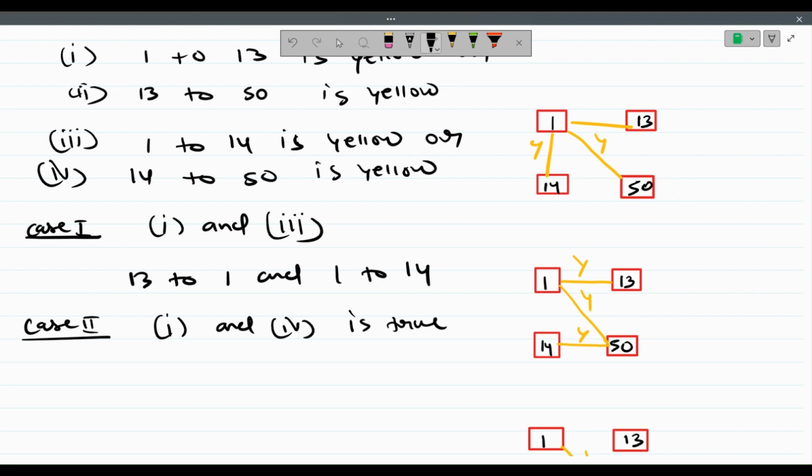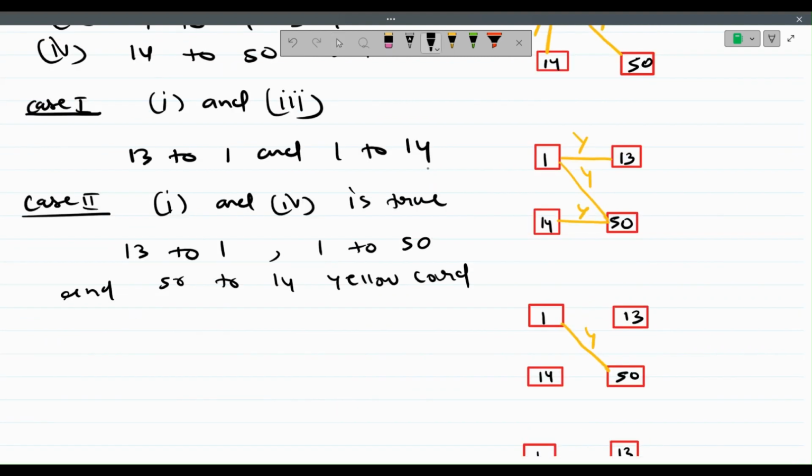In this case also, between 13 and 14, you can see from 13 to 1, 1 to 50, and 50 to 14 uses only yellow cord.